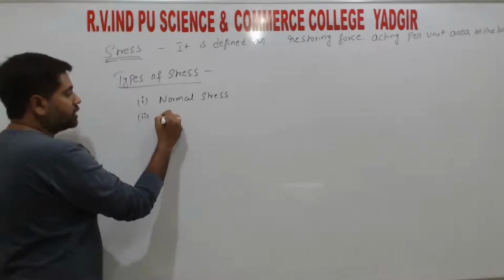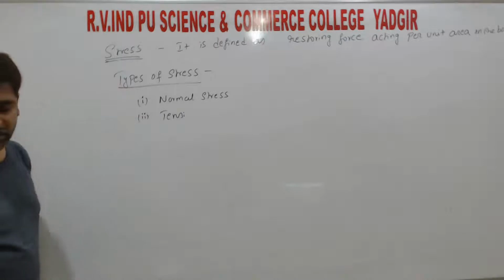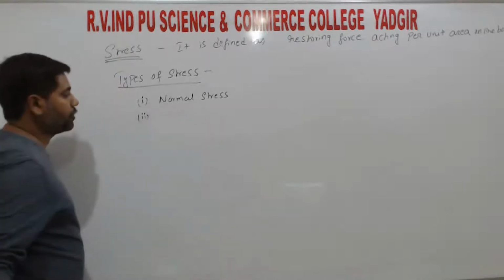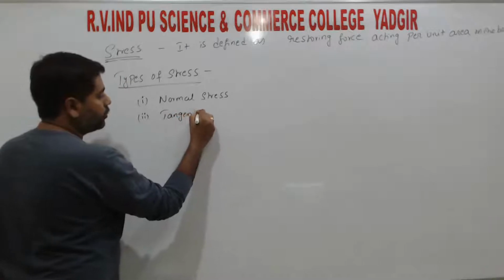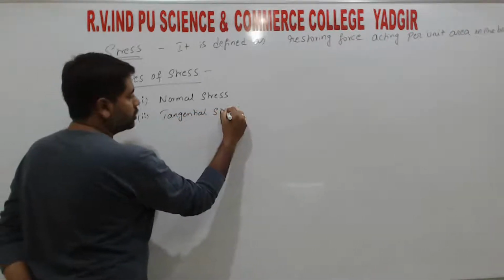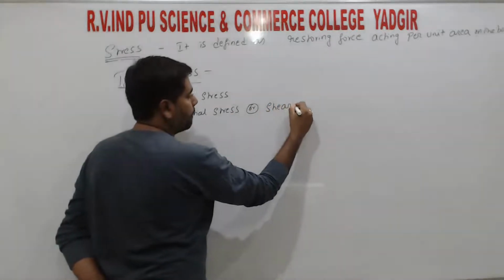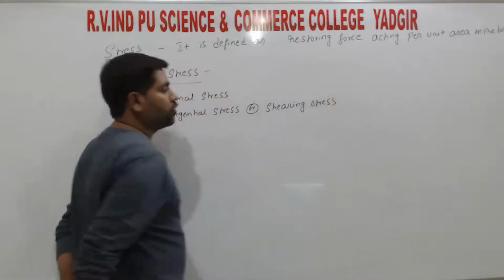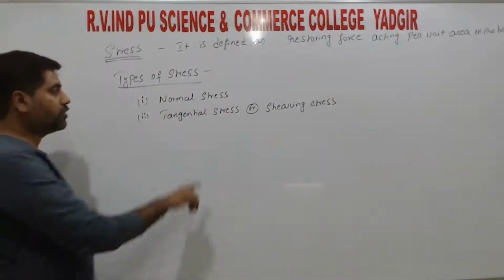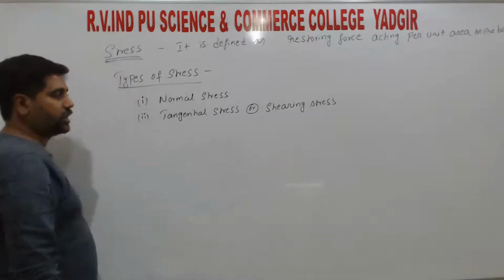The second one is tangential stress or shearing stress. So this has two names: one is tangential stress and another one is shearing stress, right?